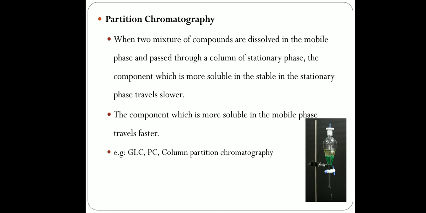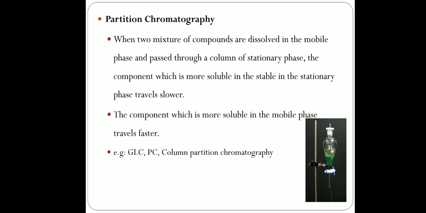When two mixtures of compounds are dissolved in the mobile phase and passed through a column of stationary phase, the component which is more soluble in the stationary phase travels slower, and the component which is more soluble in the mobile phase travels faster.